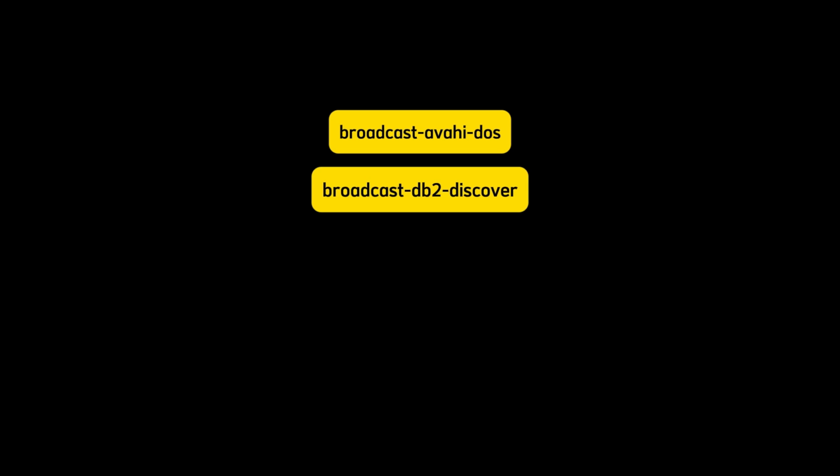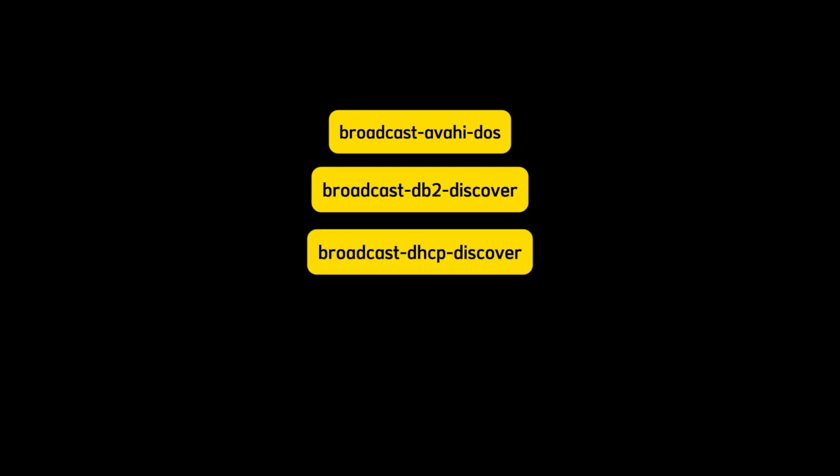This script attempts to discover DB2 servers on the network by sending a broadcast request to UDP port 523. This script sends a DHCP request to the broadcast address and reports the results. It uses a static MAC address while doing so, in order to prevent scope exhaustion.